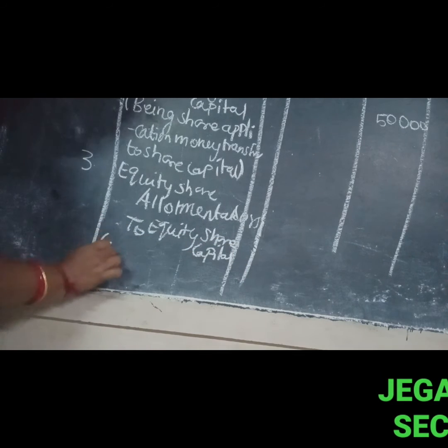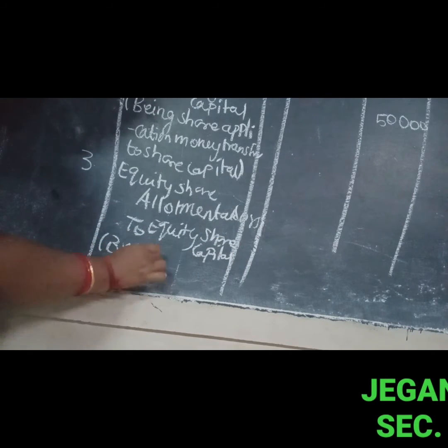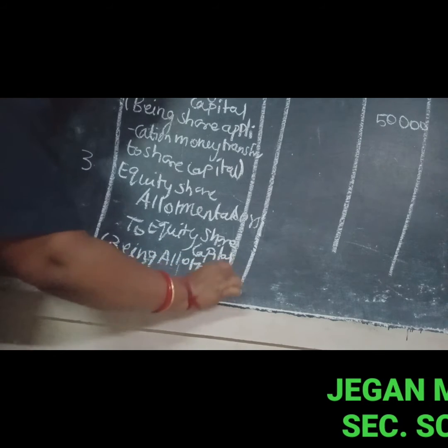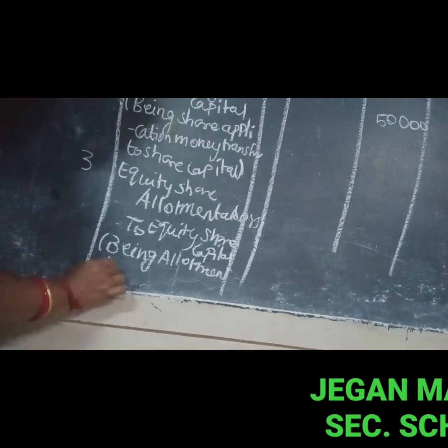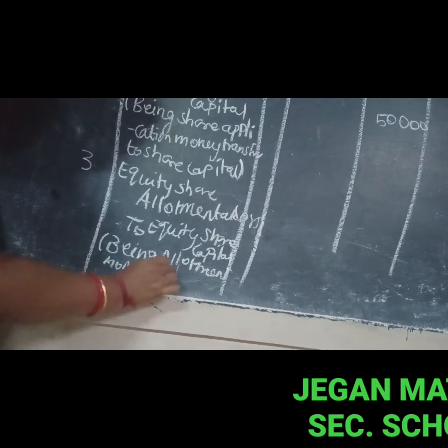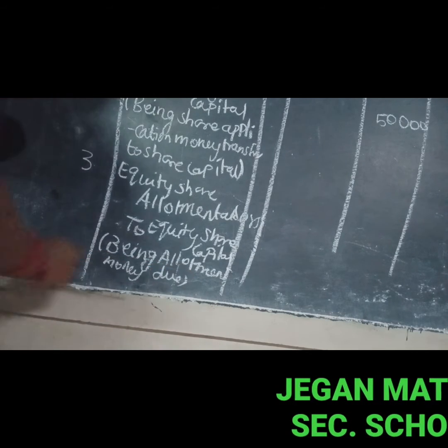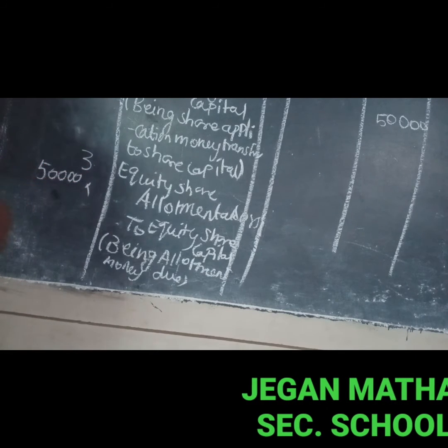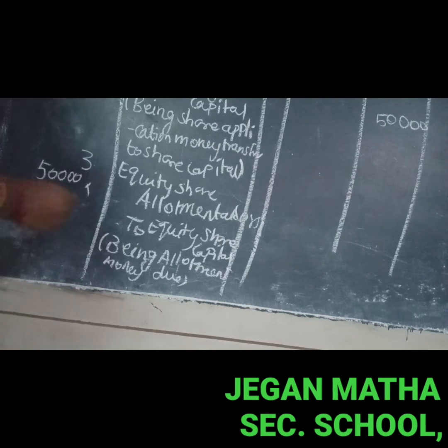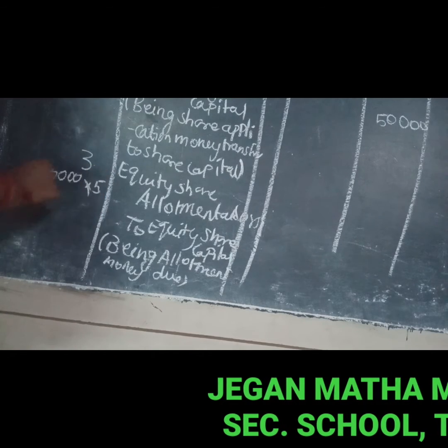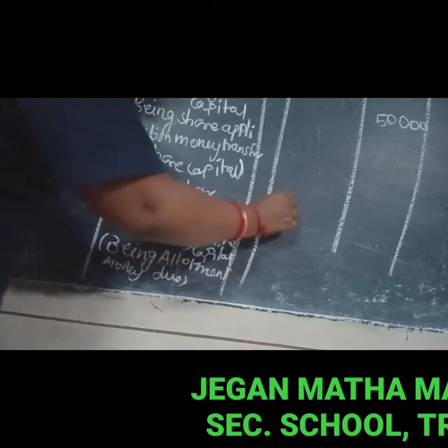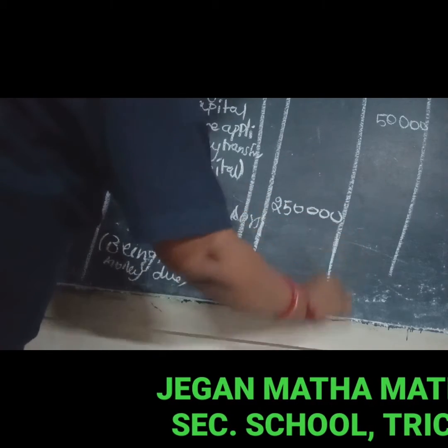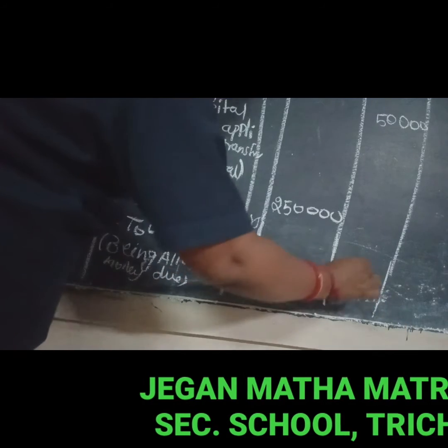Being allotment money due. So 50,000 equity shares, what is the amount of allotment? Rupees 5. So 50,000 into 5, 2,50,000.